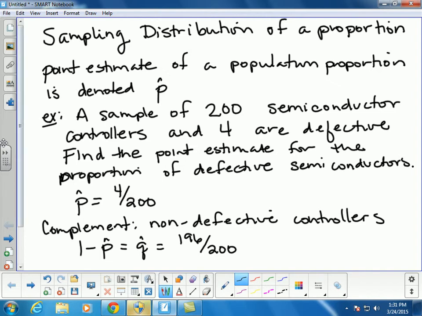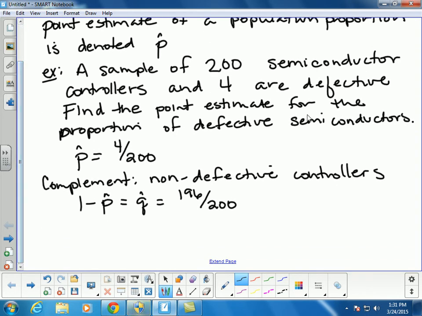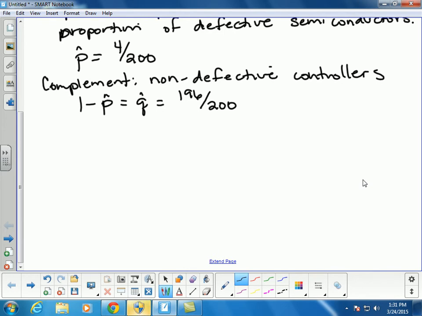If we wanted to talk about the distribution of p hat, the sampling distribution of p hat is the same as the proportion, which is all coming from the binomial distribution, where you have one of two outcomes and you do it a whole bunch of times, like flipping a coin or looking for defective or non-defective controllers in a manufacturing process.